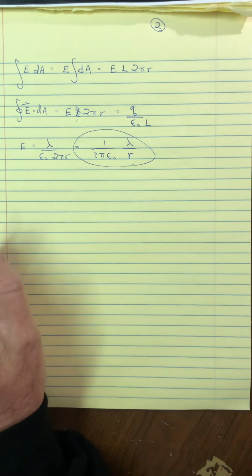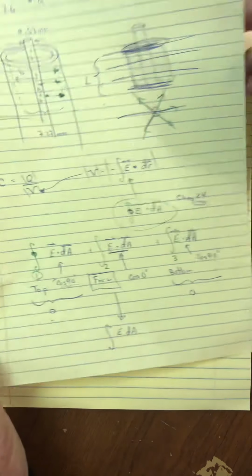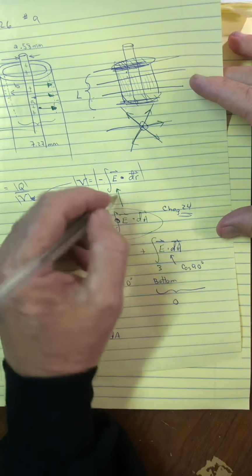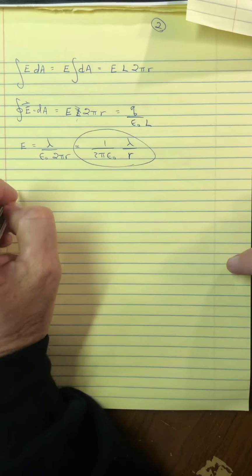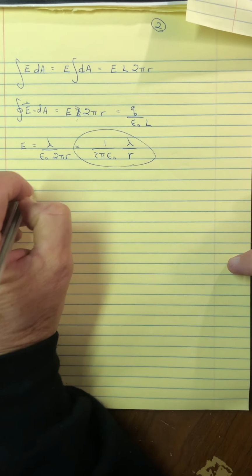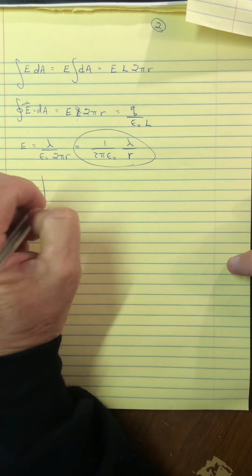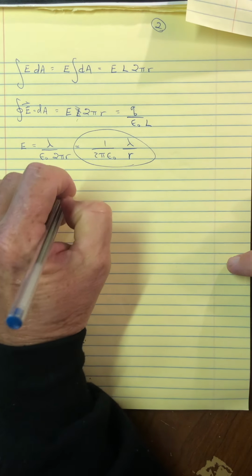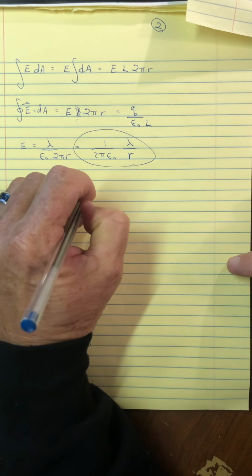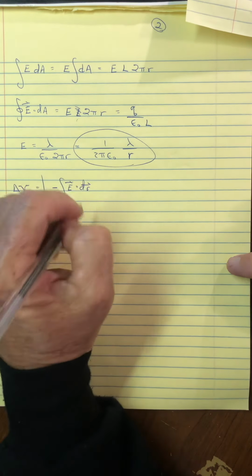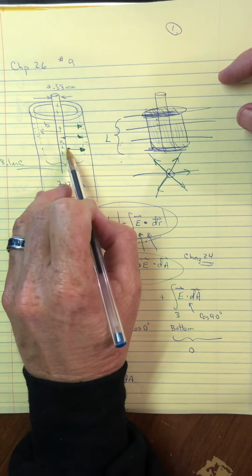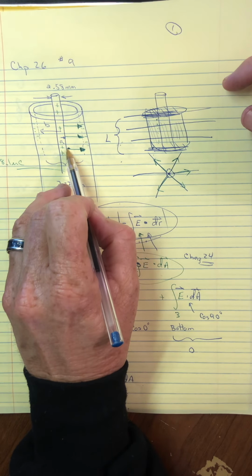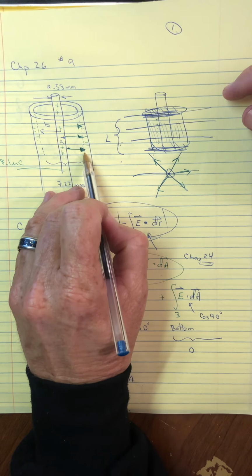In fact, if we take, as I said, this step and put it into here, we can go to chapter 25. So the change in the voltage would be the absolute value of this integral of the electric field over some line. And in this case, coming back to our picture, I'm going to go from this inner conductor, so the very surface of the inner conductor, to the inner radius of the outer conductor.